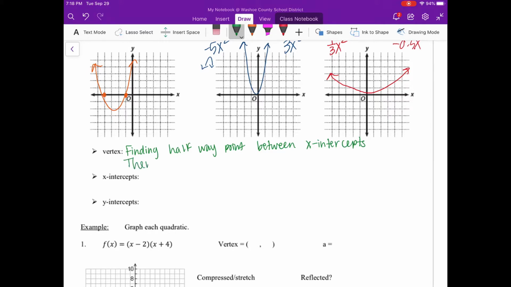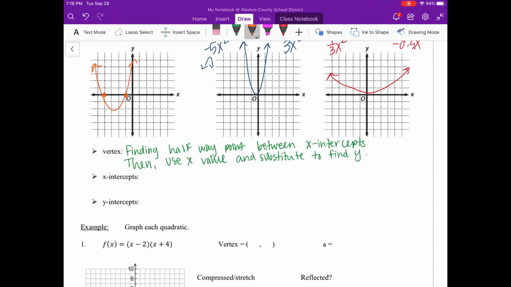Then once we have an x value, we are going to use that x value and replace it back into the original.